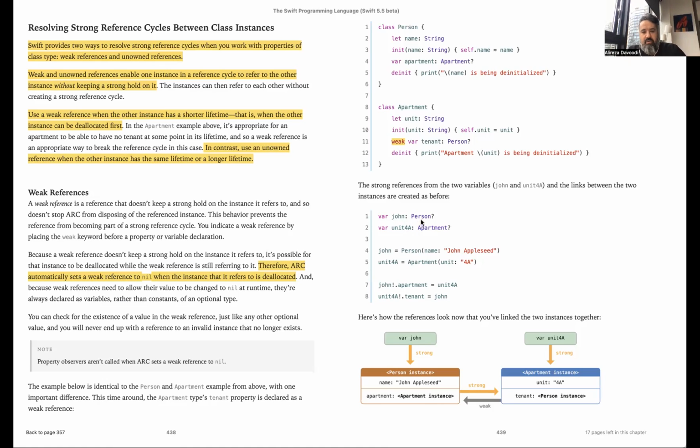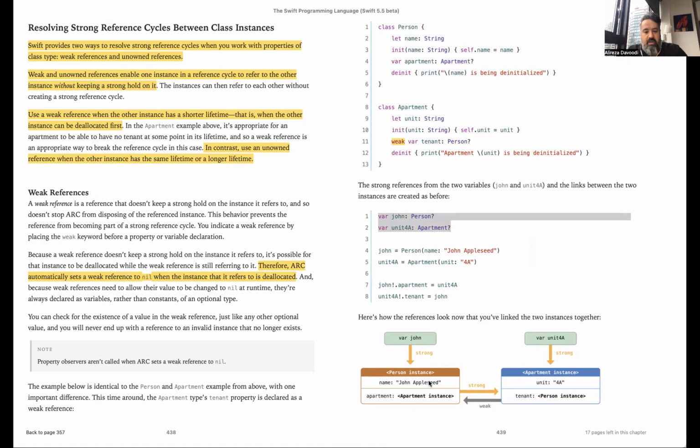And you're still in the same situation. You still have john of type Person, unit4A of type Apartment. You create two references. So john equals Person creates a strong reference. There is no weak in here. So it creates a strong reference from john to that location in memory, and also from unit4A, a strong reference to the unit.